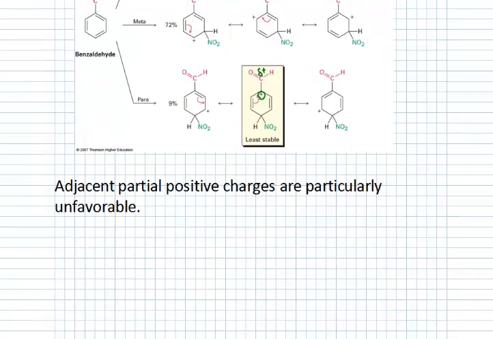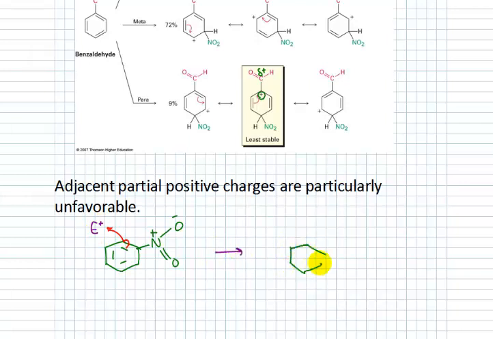If I had nitrobenzene, for instance, here, let's draw our nitro group. That's not just a partial positive charge, that's an actual N+. If I were to add an electrophile ortho to it, what I'd end up with would be, among others, here, let's add our electrophile, let's add a hydrogen.